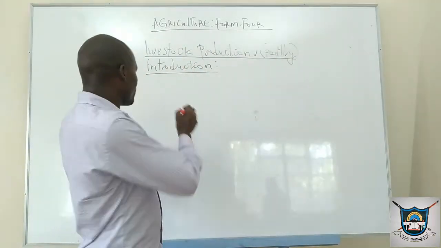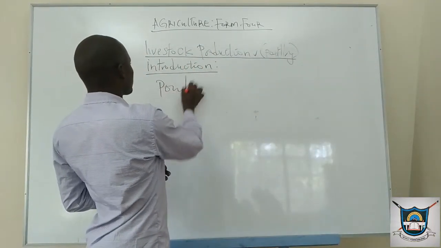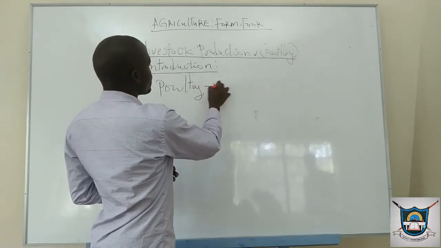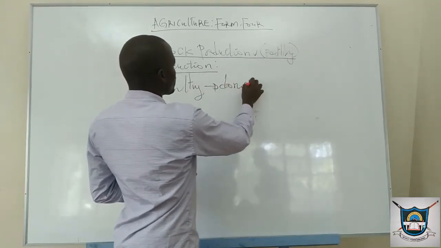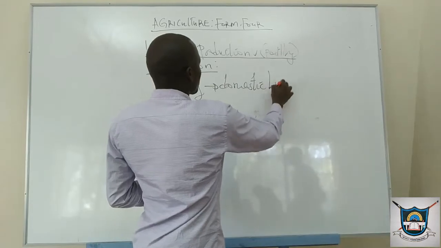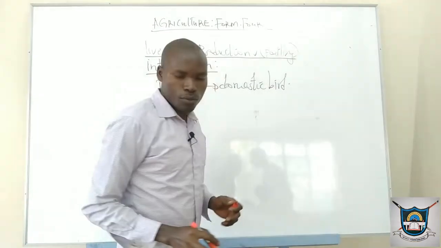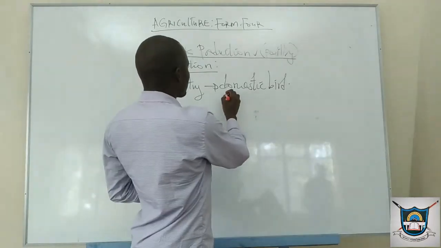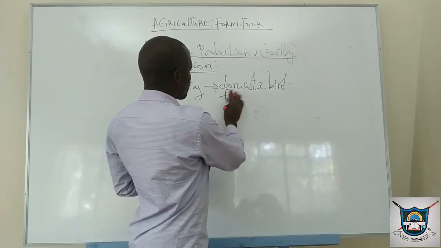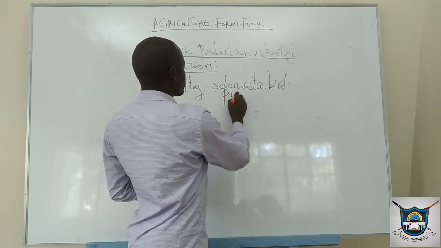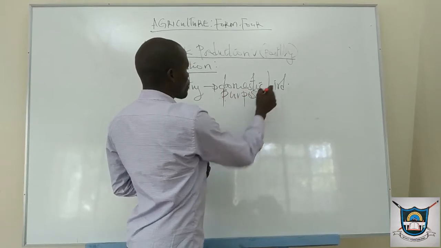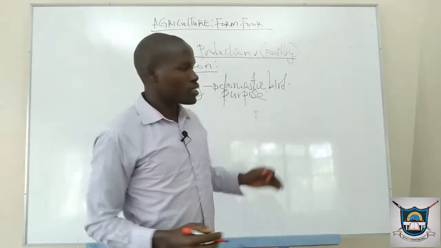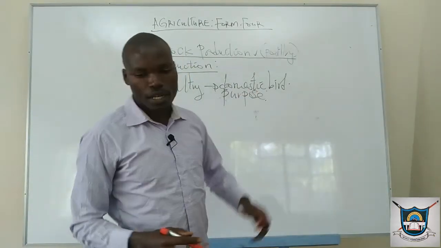A poultry is a domestic bird which is mainly kept for two major purposes, or the reasons why these domestic birds are kept.